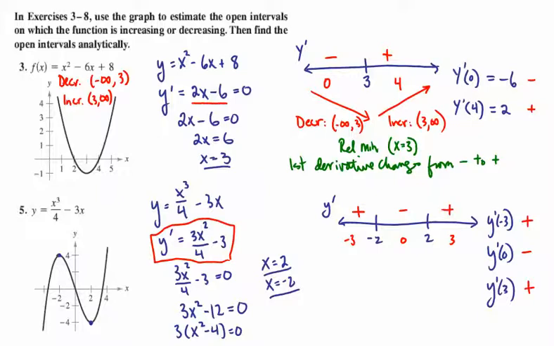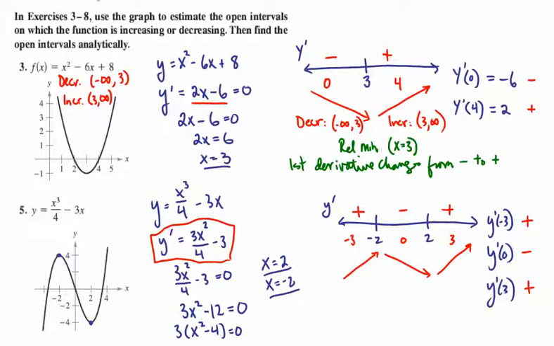So that means that we have increasing, decreasing, increasing. And if you look at the original graph, the graph does in fact tell us that it's doing that.